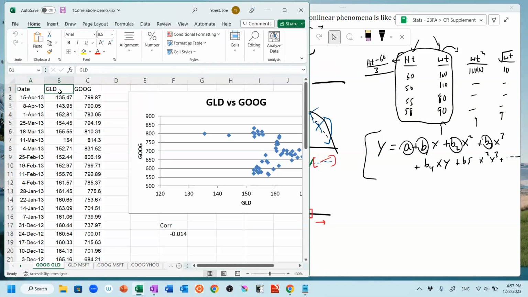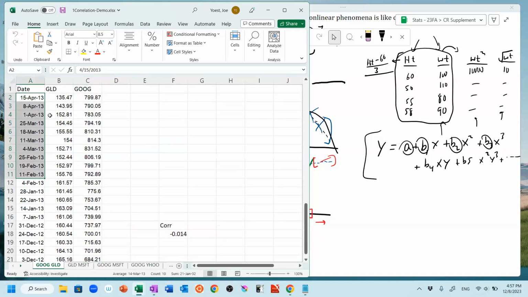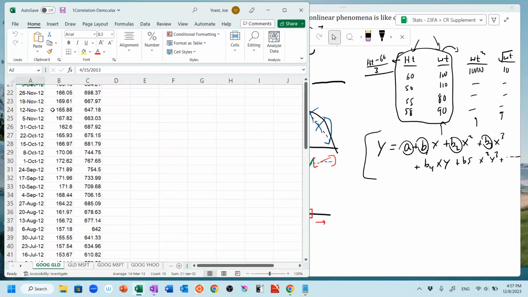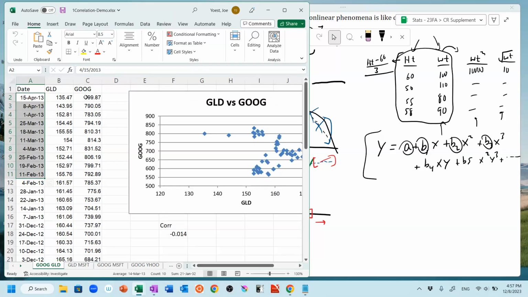So what I have here is a list, on certain dates spanning around 1 year, from April 2012 to April 2013, of some stock prices. For instance, this is Google's stock price on April 15th, 2013, Google stock price on April 8th that year, and so on.